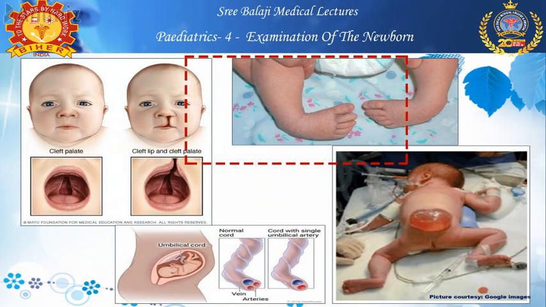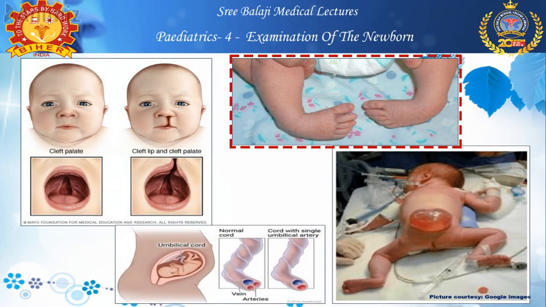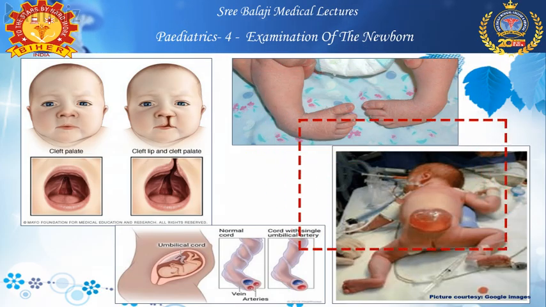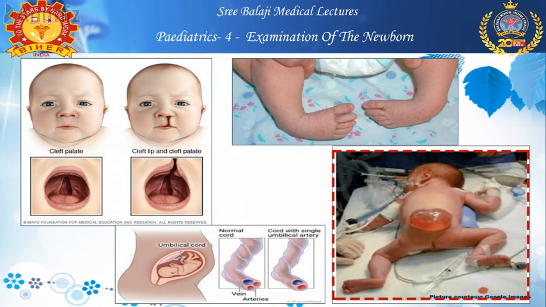And in the legs, both the legs have the talipes equinovarus deformity, and a baby is prone, and this baby has a large meningocele which is preventable by folic acid supplementation given to the mother during the early pregnancy.